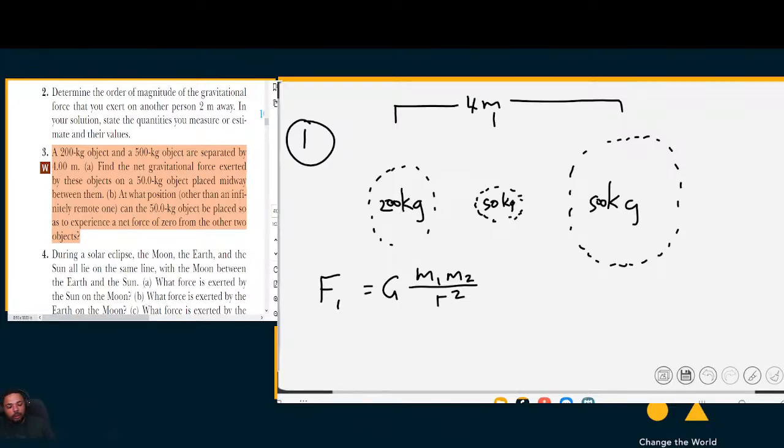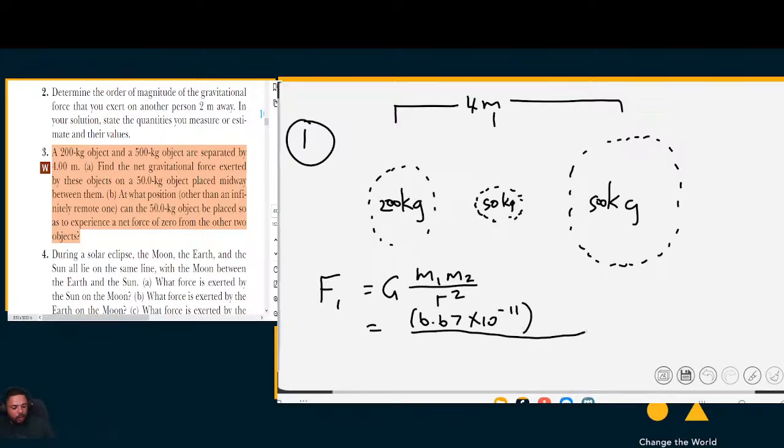The distance between them is 2 meters. If we plug everything in, G is equal to 6.67 times 10 to the negative 11.